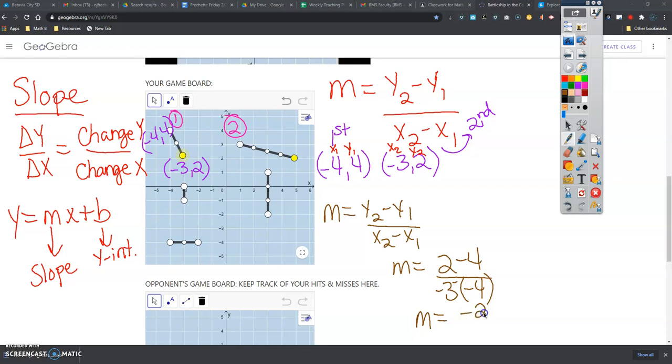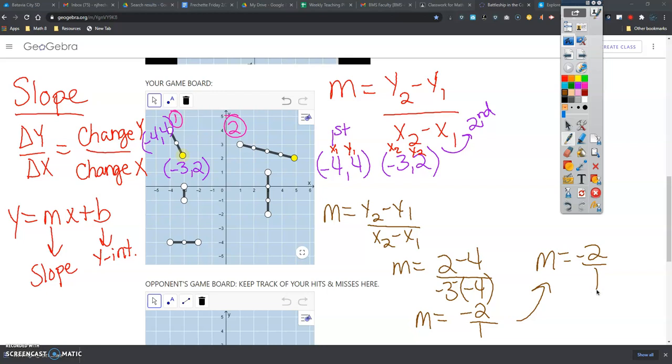So I should have negative 2 over, now I got a more difficult one, but I'm going to put it in my calculator because I want that warm fuzzy feeling that I'm correct. So negative 3 minus, in parentheses, the negative 4, and that gets you 1. So, our slope is pretty easy. The final slope for this battleship would be negative 2 over 1.